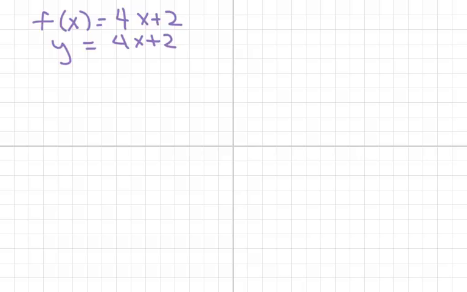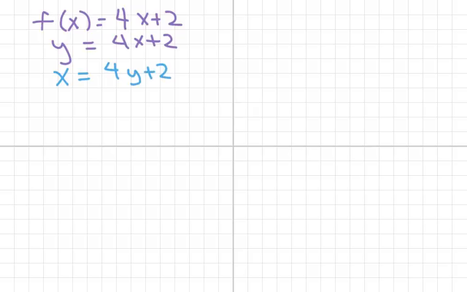49 is f of x equals 4x plus 2. The first step was we changed the f of x to y. We interchanged the x and the y, so x equals 4y plus 2. And then we solve for y.